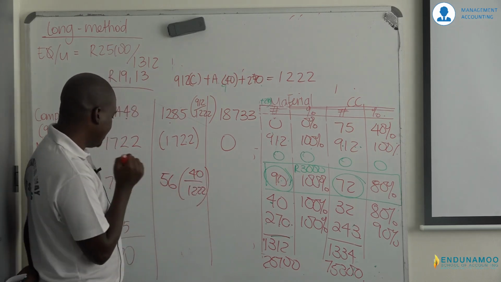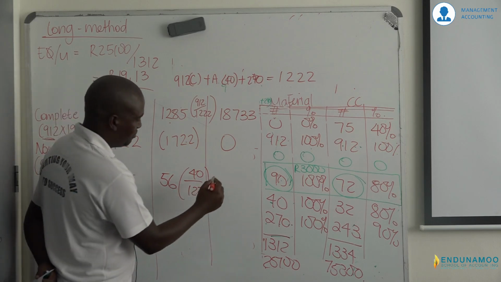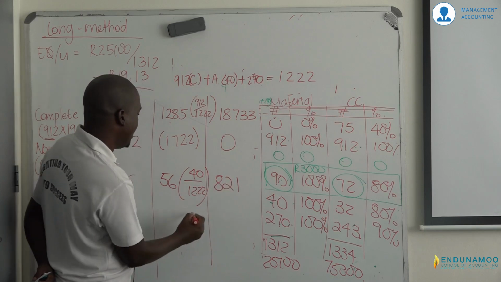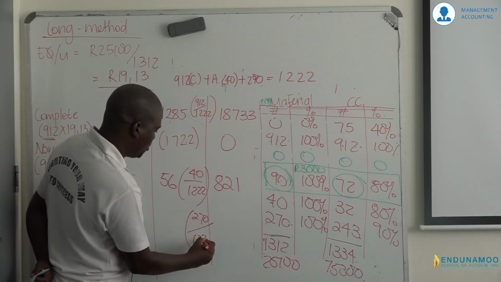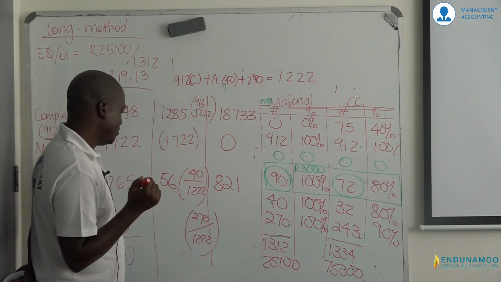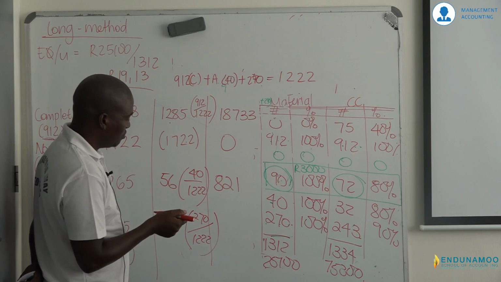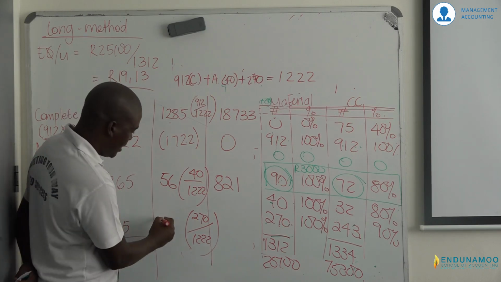Okay, 56 plus 765 is 821. Lastly, you allocate 270 divided by 1222, which gives 380.